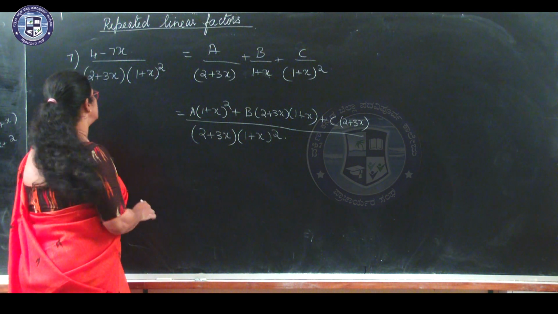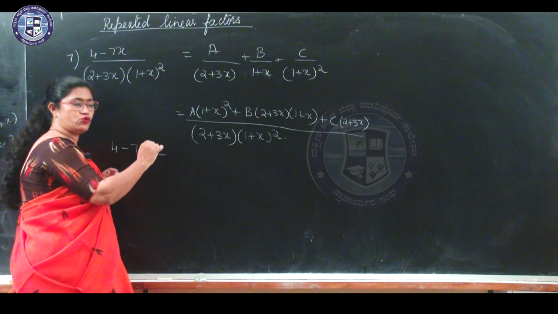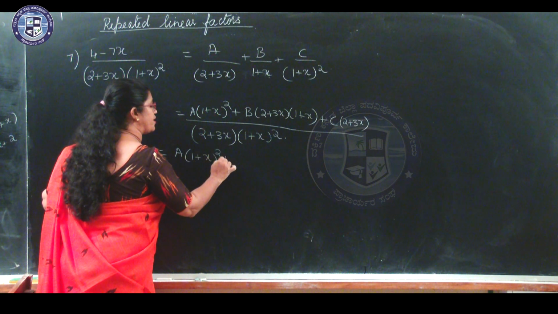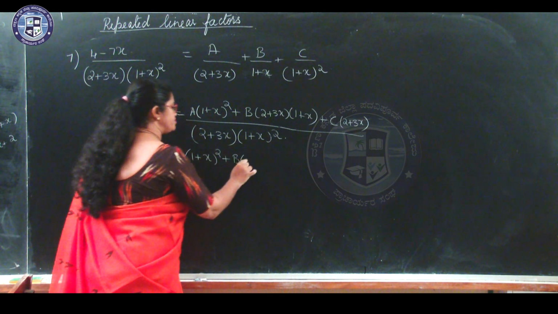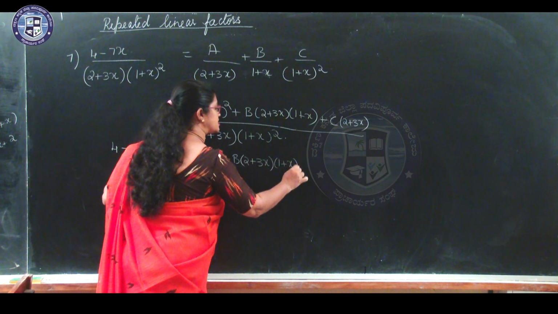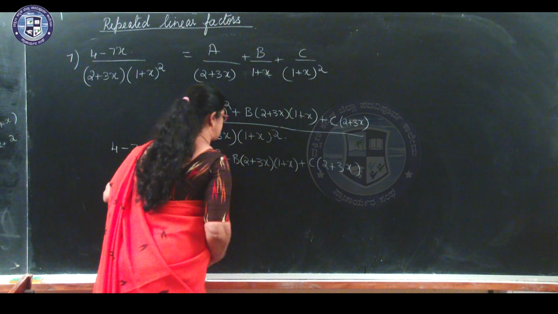Fine. Take the LCM, equating the numerators. When you equate the numerators, 4 minus 7x is equal to A into 1 plus x the whole square plus B into 2 plus 3x into 1 plus x plus C into 2 plus 3x.